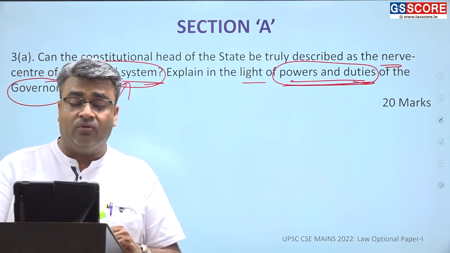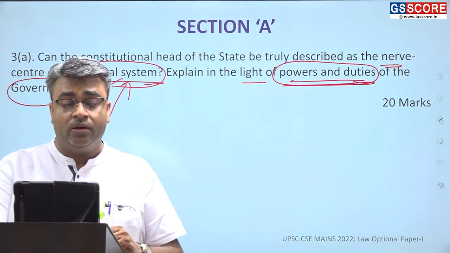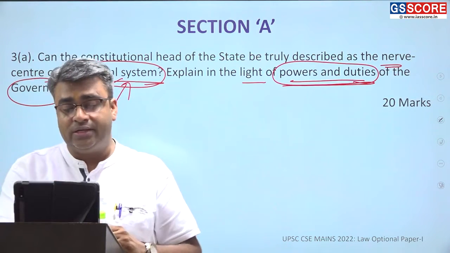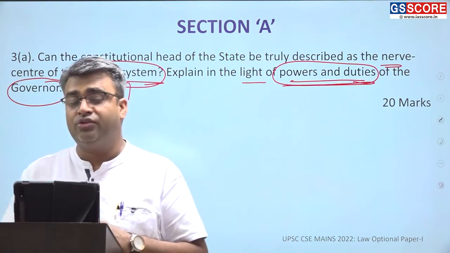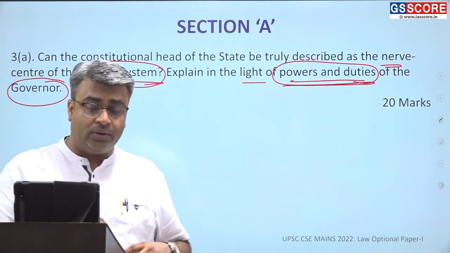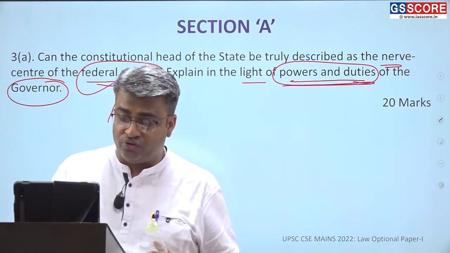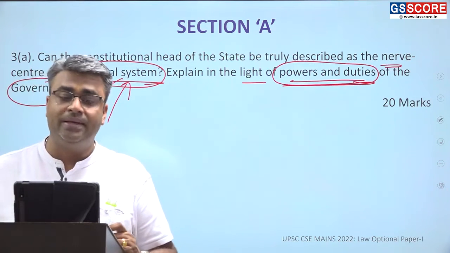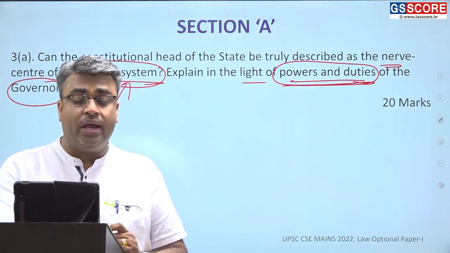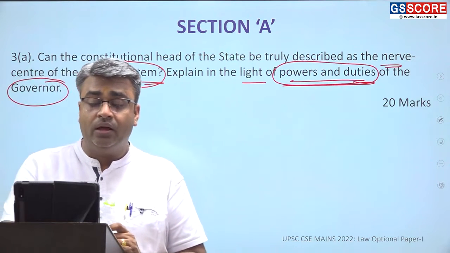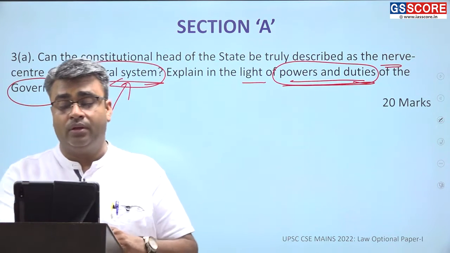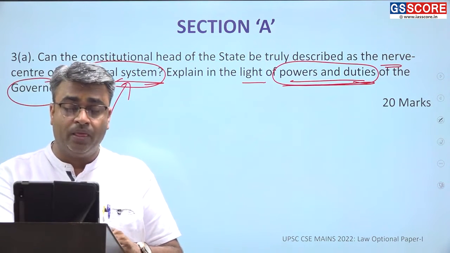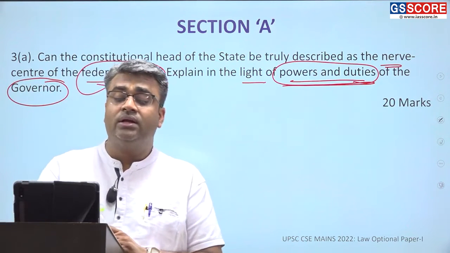You can also mention the S.R. Bommai judgment, the Rameshwar Prasad case, and the Nabam Rebia judgment as well. If you are aware of these judgments, then it is okay. If you are not, then please go through these judgments. And also try to figure out why the governor is necessary.